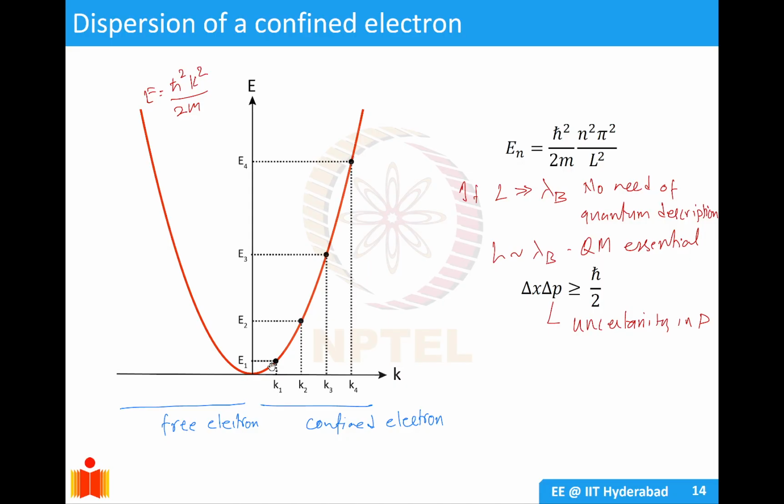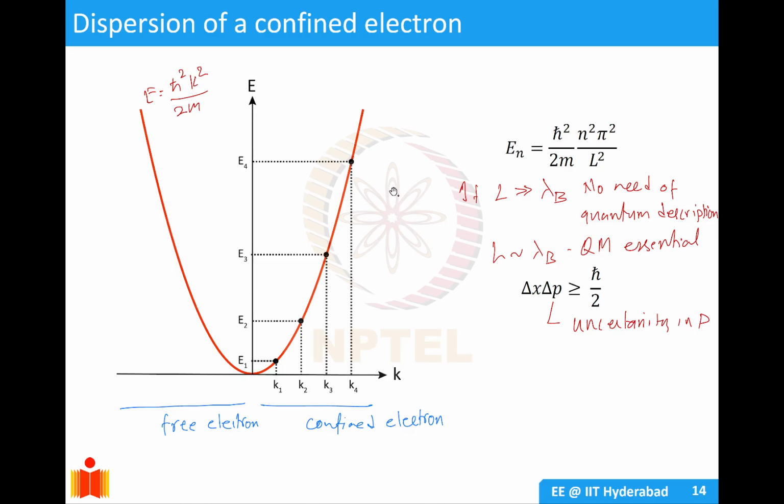You can also calculate from the dispersion relation, where for each k you get a particular E value, and you can see from here that it does not rise linearly, it rises very fast for each increasing k value.